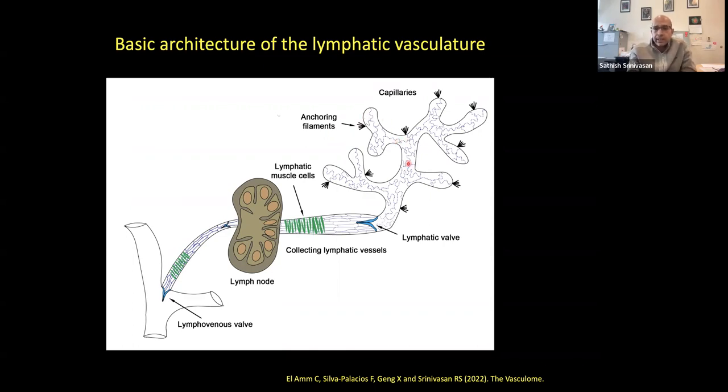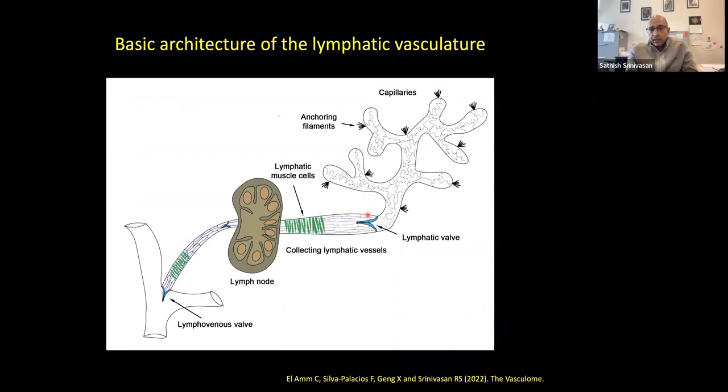And from the capillaries, the fluid and the immune cells are transported into what are known as collecting lymphatic vessels. And here the cell-to-cell junctions are tighter. There are fewer gaps in between the endothelial cells, and that prevents the leakage of fluid back into the interstitial space.